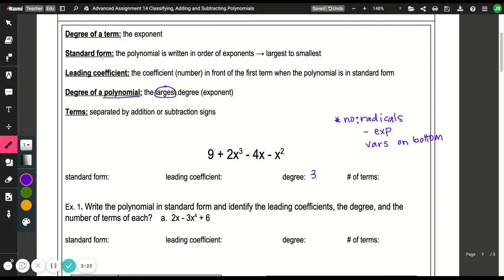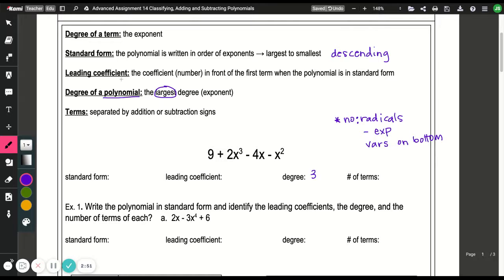Standard form, we talked about this when we did quadratics, which is a polynomial. Means that it is in order of the exponents, largest to smallest. So it's called descending order of the exponents. We do not care about the coefficients, which is the number in front. So descending order, largest to smallest of exponents.